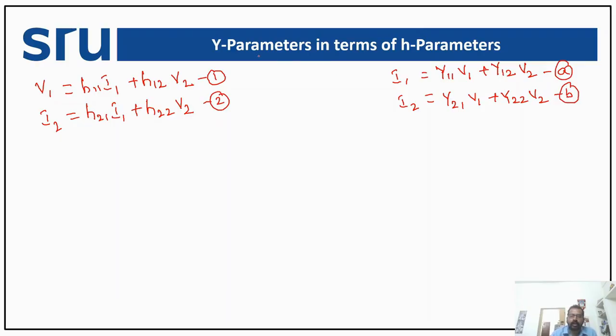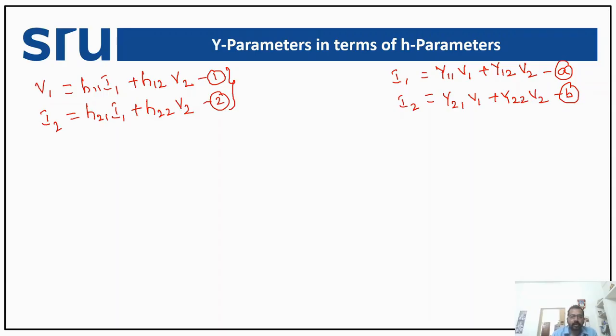What we are trying to do is to get the Y parameters in terms of H. So something like Y11 will be in terms of H11, H12, H21 and H22, the H parameters. So in order to get that, we need to rewrite equations 1 and 2 in terms of A and B. So let us convert.